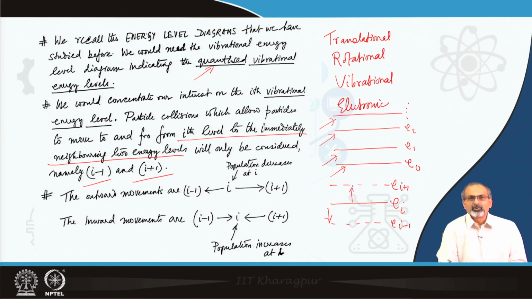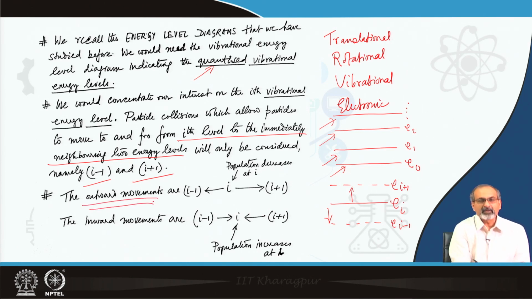Due to molecular collisions, if there is any outward movement of molecules or atoms from the ith level, they can only go to the lower level i minus 1 by losing energy, or to i plus 1 by gaining energy. If they do move outward from the level i, it obviously means that the population at the ith level would decrease.